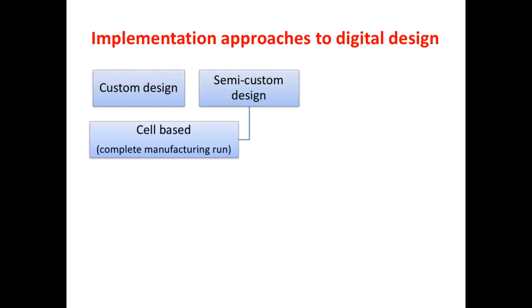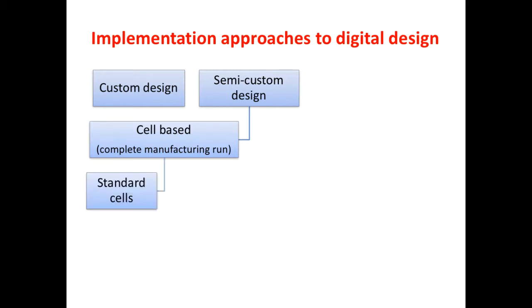One is to do a cell-based design, which means that we have some cells, some particular blocks that have been already designed, and we can just use them. But in any case, we need a complete manufacturing run to fabricate the integrated circuits. Okay? So there are some blocks that have been already designed, but everything has to be manufactured again.